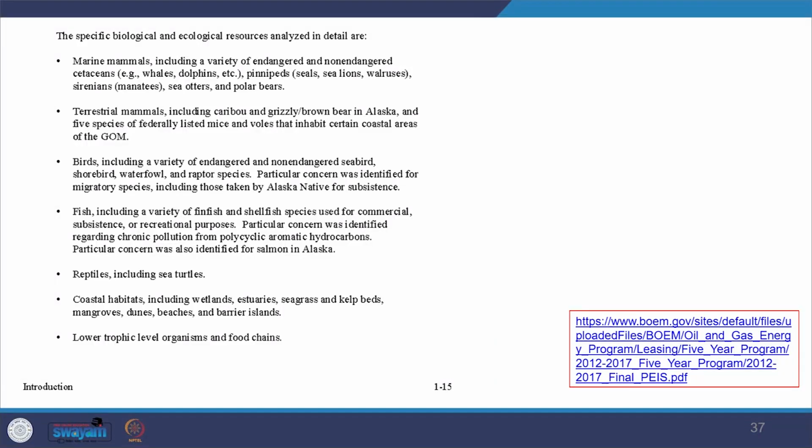It's a 2,000 plus page document, so these are huge documents. So we're just browsing some very selective pages to see what it looks like, how it's different from EIA.